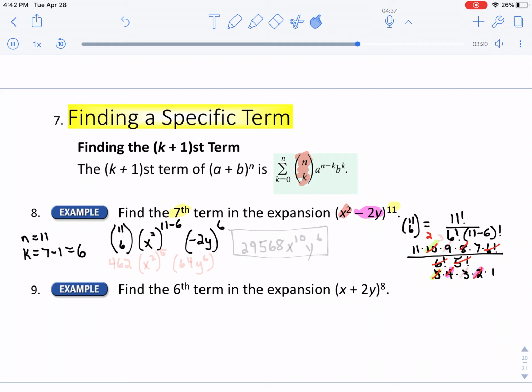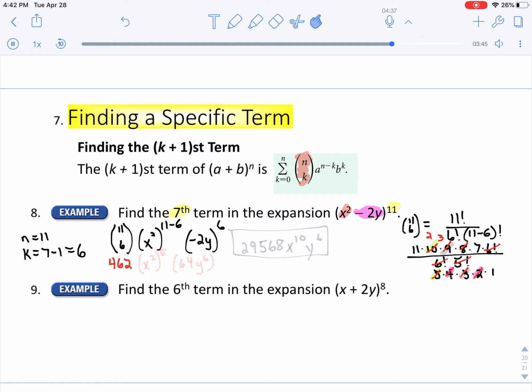Then we can reduce the 3 with the 9: the 3 is gone, and the 9 becomes a 3. So now we've got 11 times 2 times 3 times 7, and if you multiply that out, you get 462. So 11 choose 6 is 462.